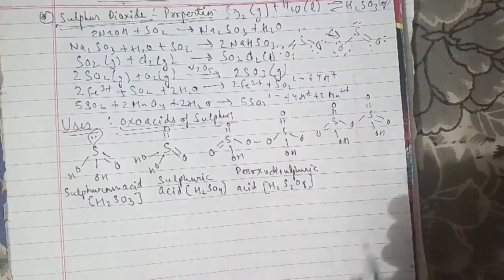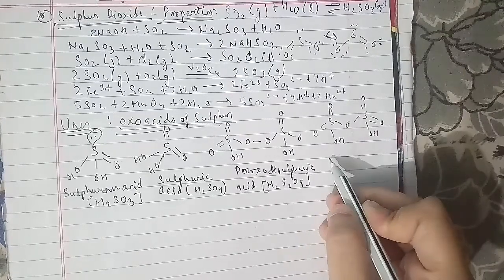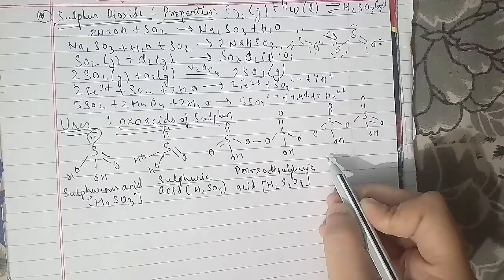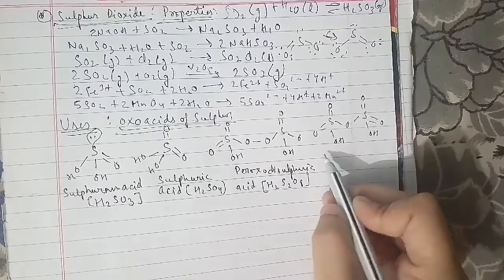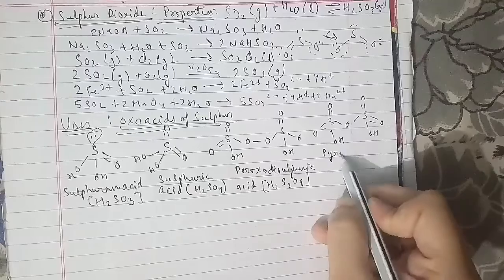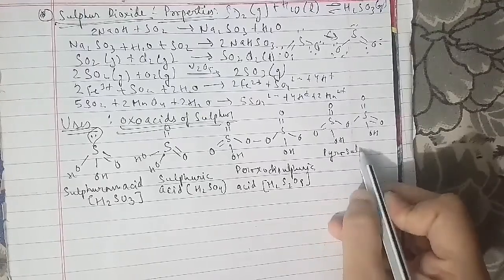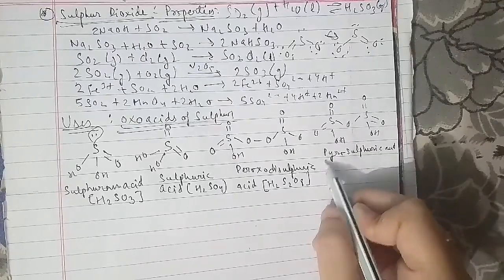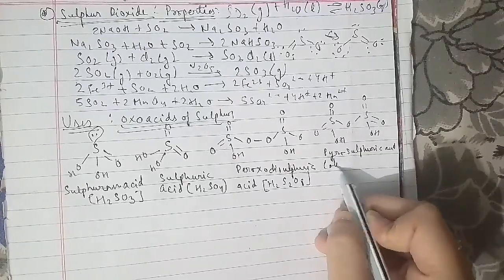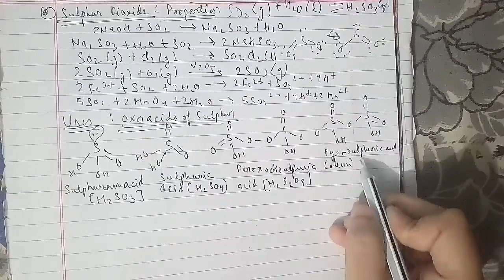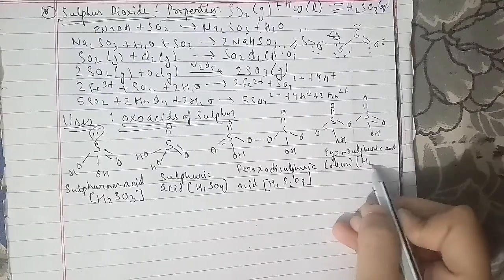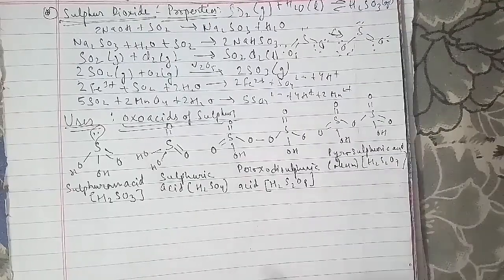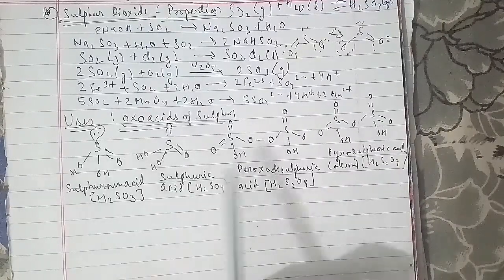Let's go ahead, the name of this is pyrosulfuric acid, and that is known as oleum, and it is represented as H2S2O7 here. These were the structures of some important oxo acids of sulfur.